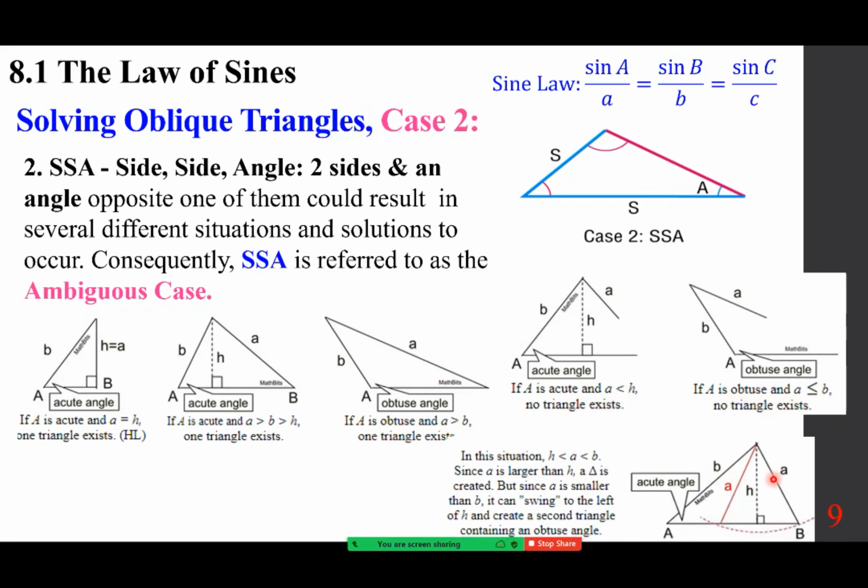In this case, we end up with two triangles where h is less than a less than b. All of them will be looked at as we check some examples. This is the synopsis of the different types.